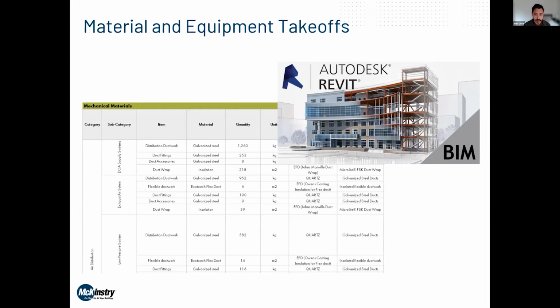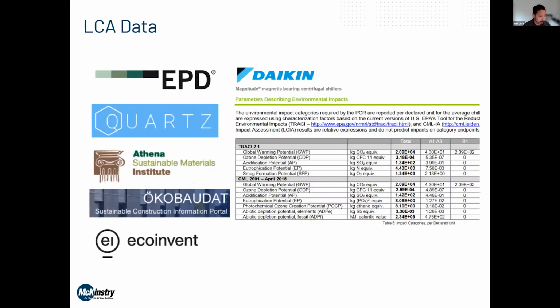And then getting into that LCA data. So Drew alluded to this with the MEP 2040 challenge. The gold standard right now is being able to have an EPD for a mechanical component or electrical component. EPDs are product specific.